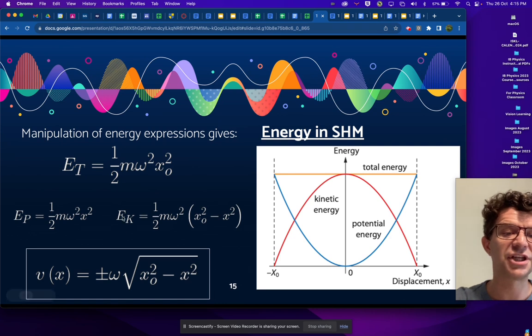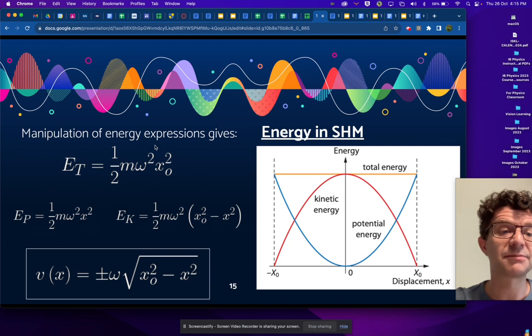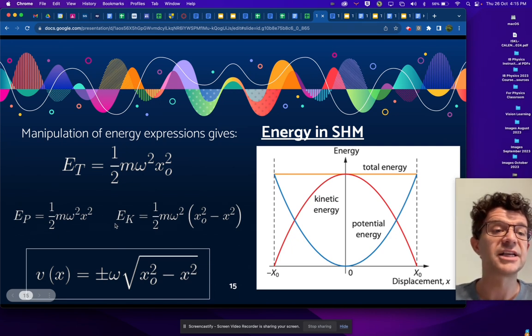The kinetic energy would obviously be proportional to v, so you could do 1/2 m v squared, which is 1/2 m omega squared maximum displacement squared, making some simple substitutions. So it turns out that these are quadratic because the expression for potential energy involves a quadratic in the displacement. The expression for kinetic energy involves a quadratic in terms of the velocity.